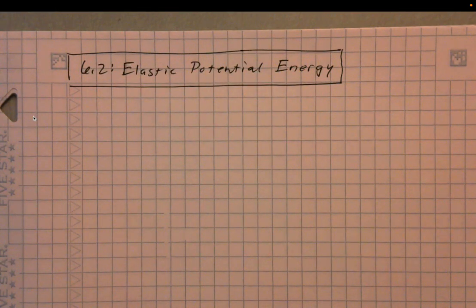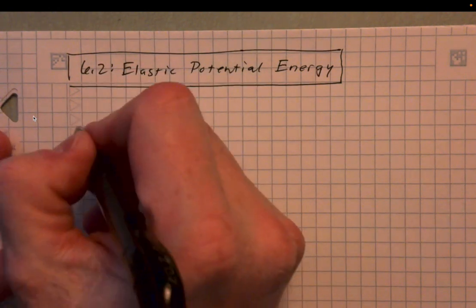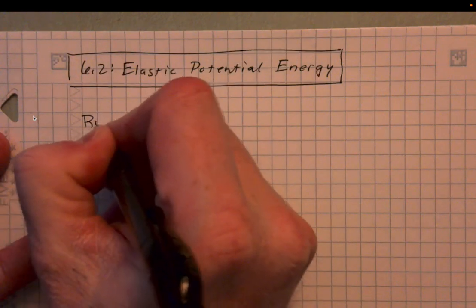So the first thing to discuss is, what do we mean by elastic? I think a lot of people hearing that term will have an immediate sense for what we mean. But let's take some examples. One of the most obvious examples is an elastic band or a rubber band. This is an elastic body.